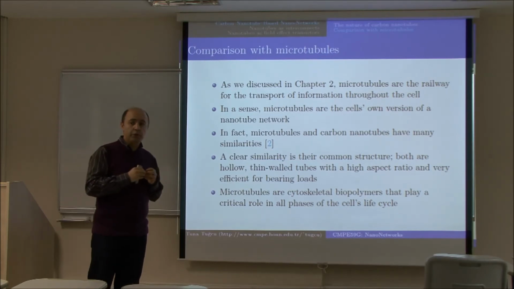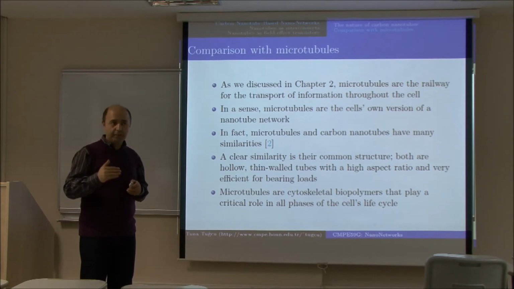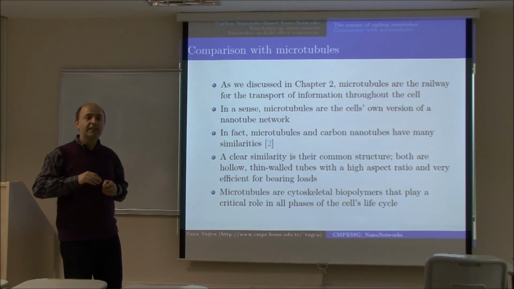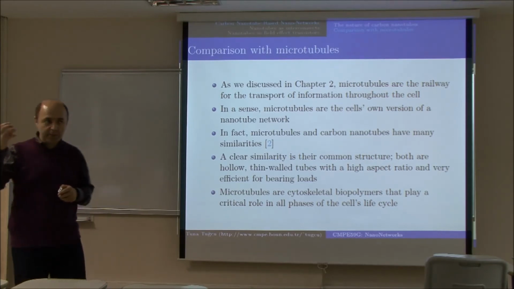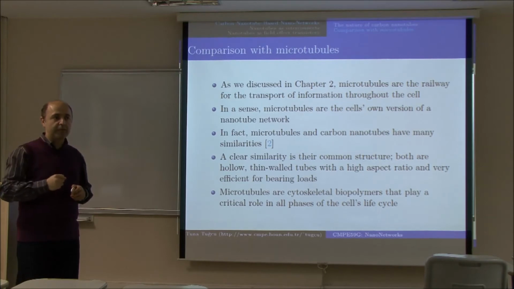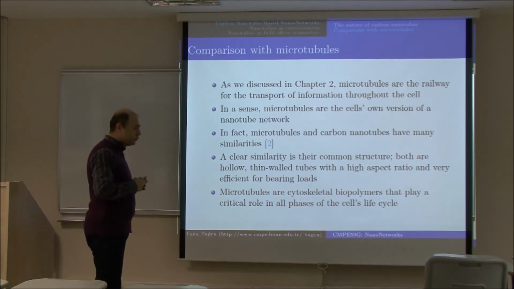It is very useful when the cell is trying to move, for example. With the help of the cytoskeleton, the cell is able to form limbs that extend either for movement or for grabbing some useful molecules from the neighborhood.